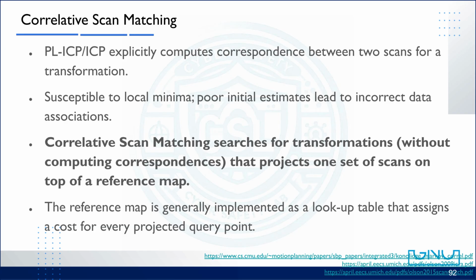You can think of it as sliding the scan across the map and checking where it aligns best. This makes it more robust to noise and bad initial poses and avoids getting trapped in local minima. To make the search efficient, it uses a lookup table that assigns a cost to every possible projection. This way, alignment can be quickly evaluated across many hypotheses.